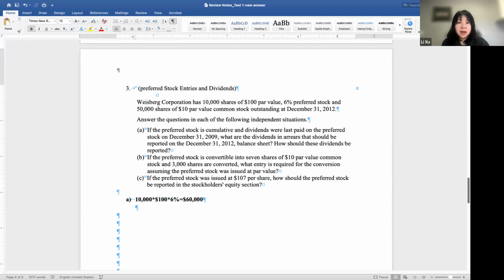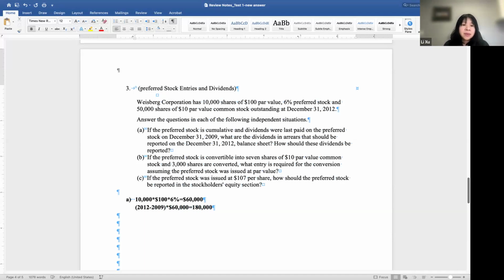Now you have to think about how many years: 2012 minus 2009, so 3 years passed, and for each year you need 60,000. So the total is going to be 180,000.